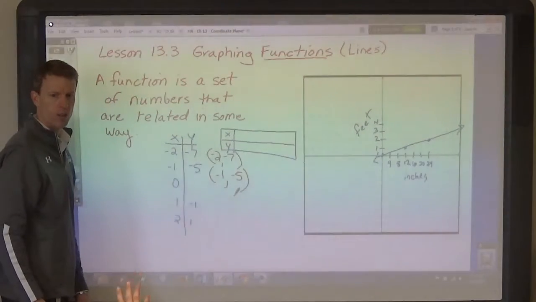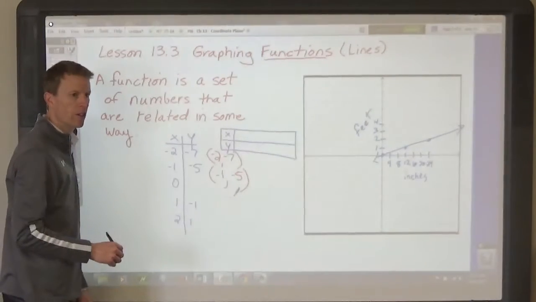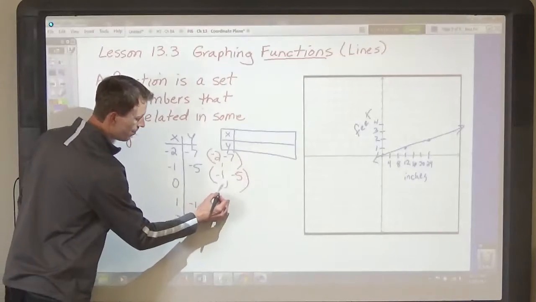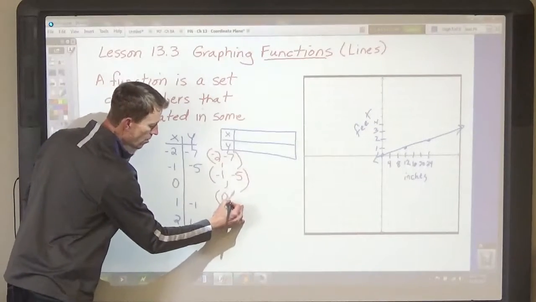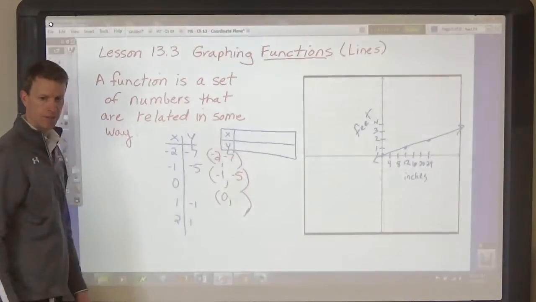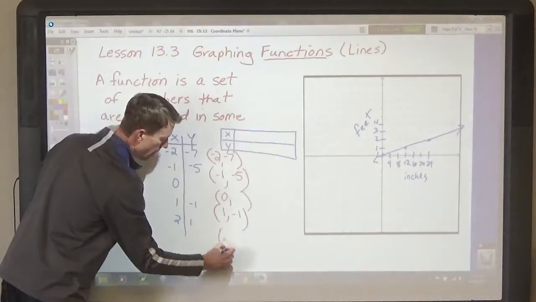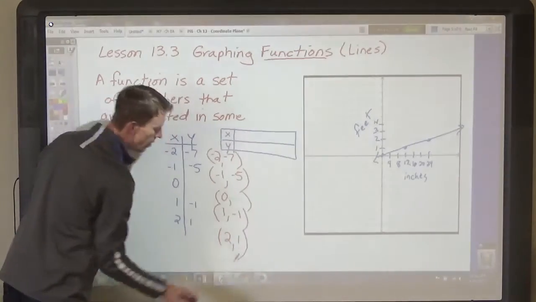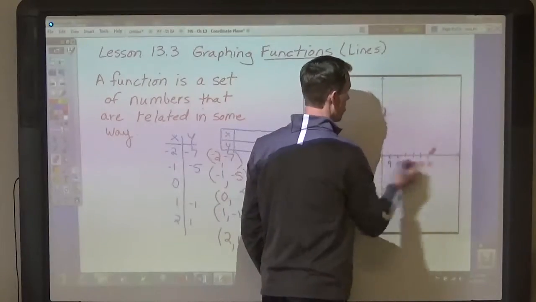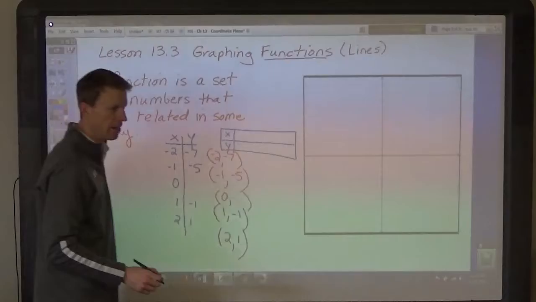Starts with an O. Ordered pairs, exactly. So these are written as ordered pairs or points to graph. 1, negative 1, and 2, comma 1. So over here, let's change our coordinate graph. And let's graph these points instead.